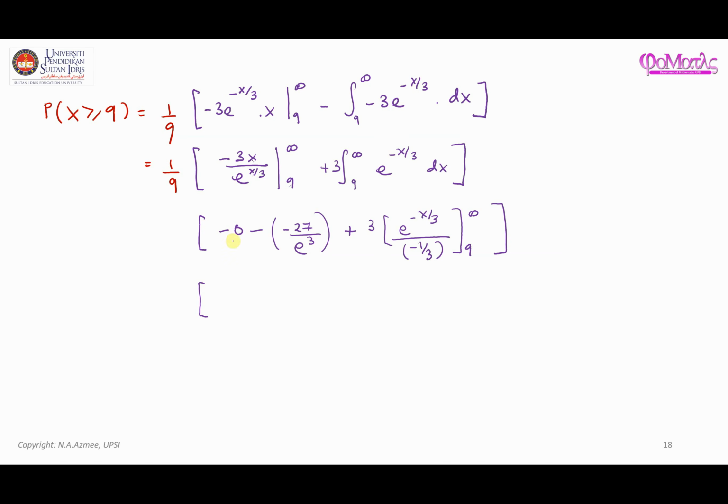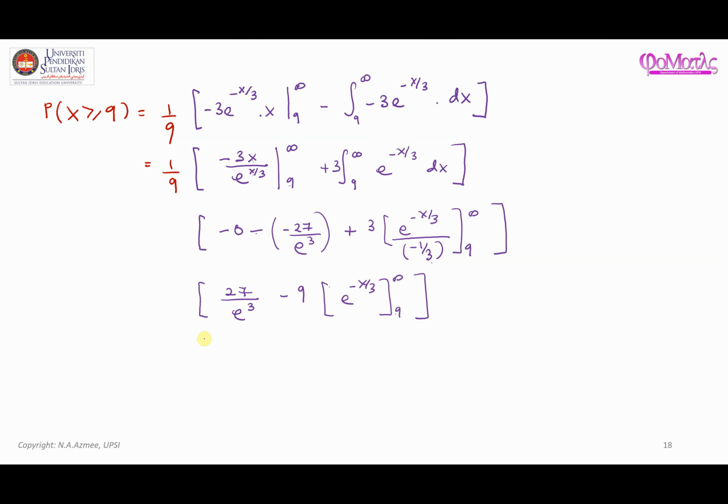If you simplify this process here, negative, negative becomes positive, 27 e^3. Now this guy here, you can multiply them, and the result can be simplified to minus 9. I multiplied 3 with this guy, so you get negative 9, and here we have e^(-x/3) that has to be evaluated with respect to these limits here.